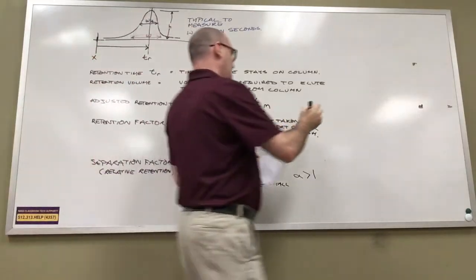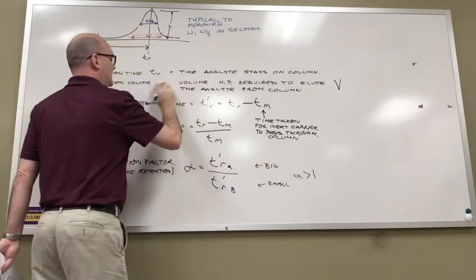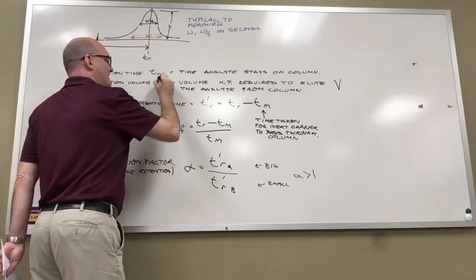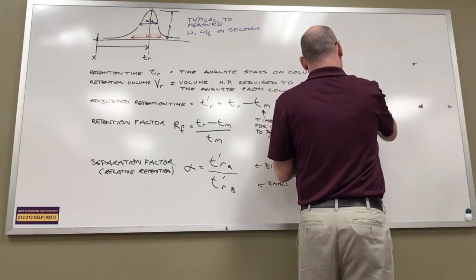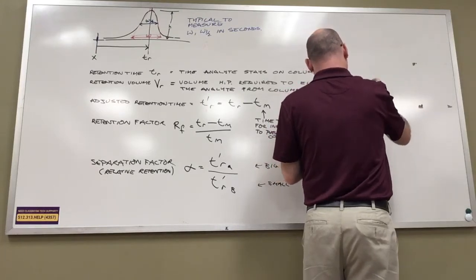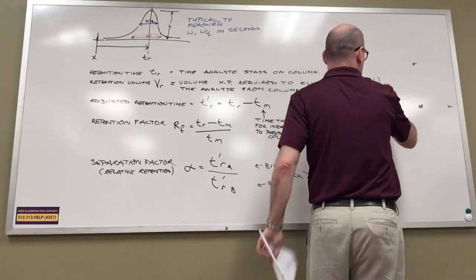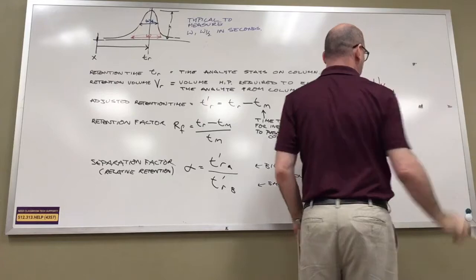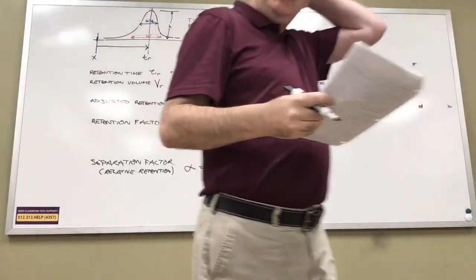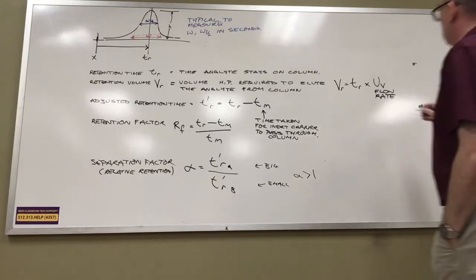Retention volume is given symbol VR, and is the retention time times the flow rate. That flow rate is expressed as a volume.